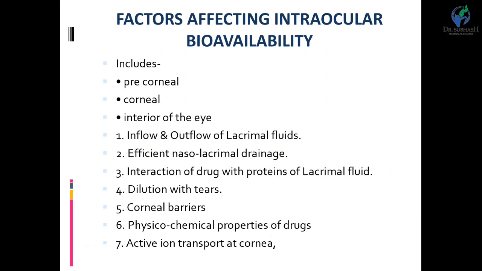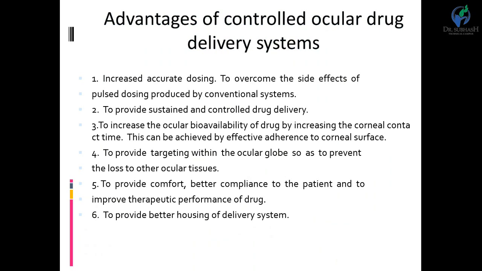Also the physicochemical properties of the drug, its lipophilic or hydrophilic nature, molecular size and weight, partition coefficient, active ion transport at the cornea, and interactions of the drug with proteins of the lacrimal fluid. These are the factors affecting intraocular bioavailability.